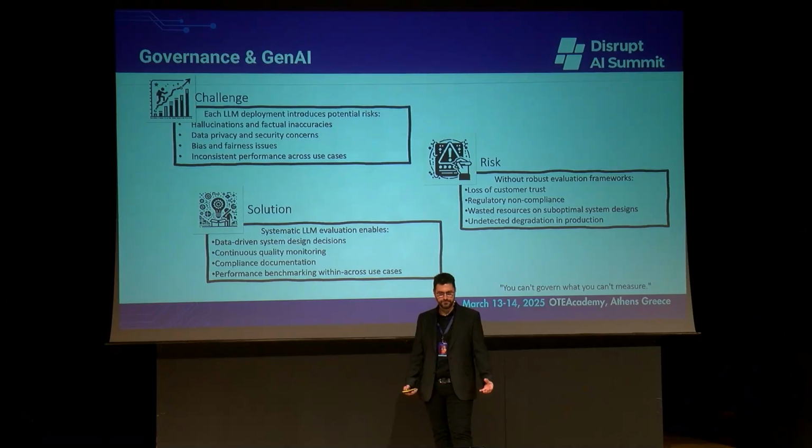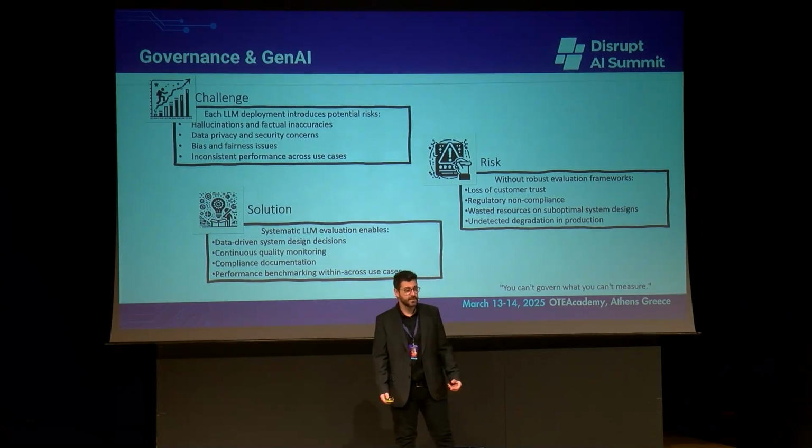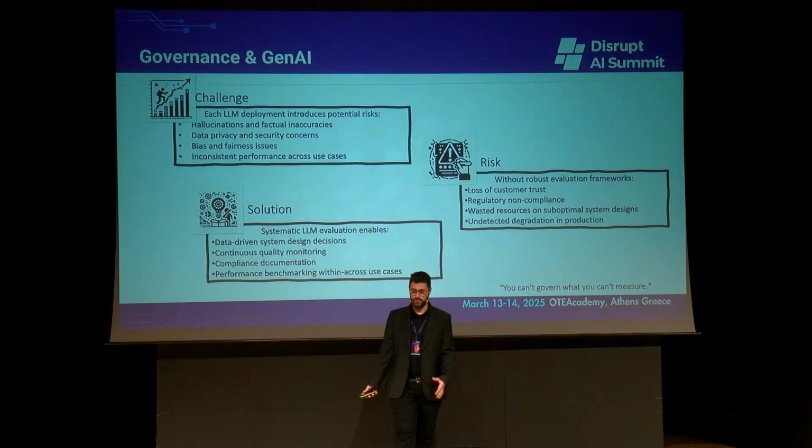We need to address bias, and in order to address bias, as said before, we need to measure it. We need to find a way to have a specific KPI for it, because for hallucination or any of the issues, ethical or not, we need to create KPIs in order to set a standard and always improve performance. And finally, we want to create a system that is consistent in its responses.